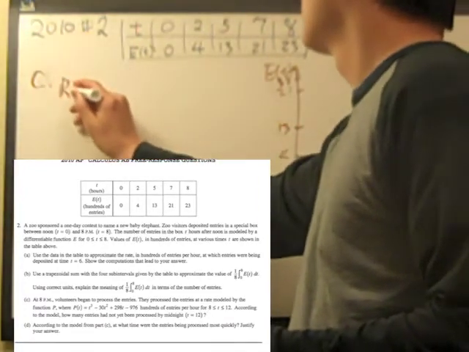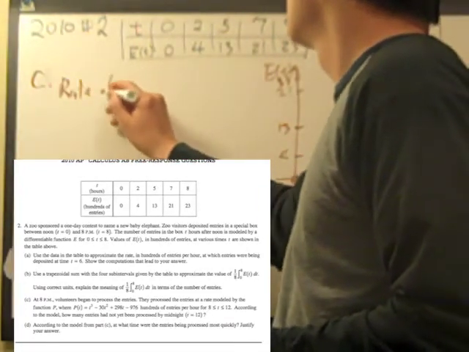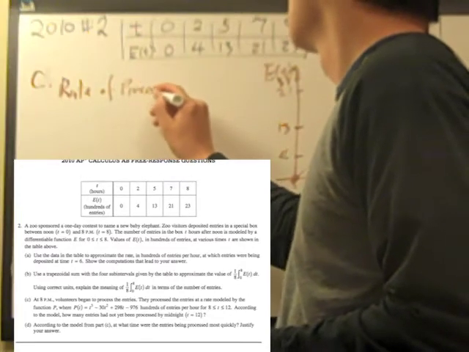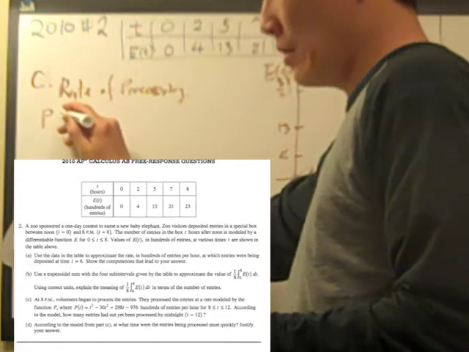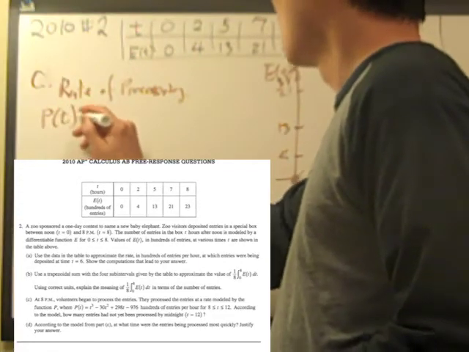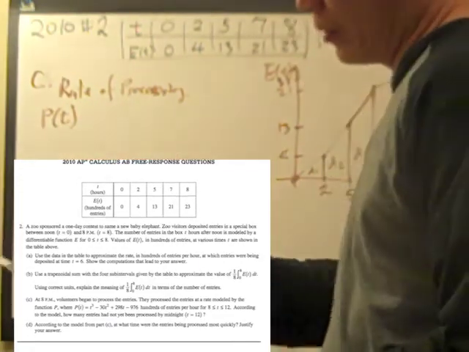This is a rate of processing, P, and P of T is written right here in the problem.